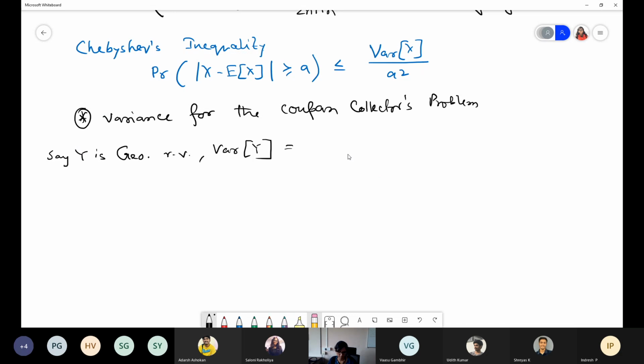Anyone remember? One minus p by p square. This we calculated last day, if Y is a geometric random variable with parameter p. In that case, variance is this.